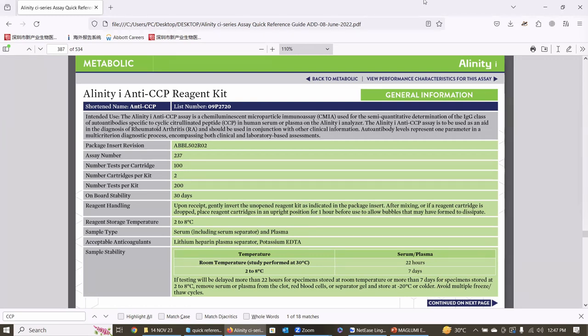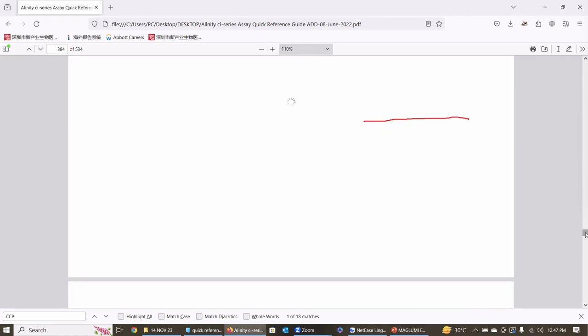You can see here, the semi-quantitative determination of the IgG. Okay, let me look for some more information from the internal reference.